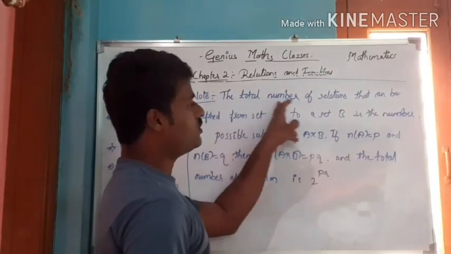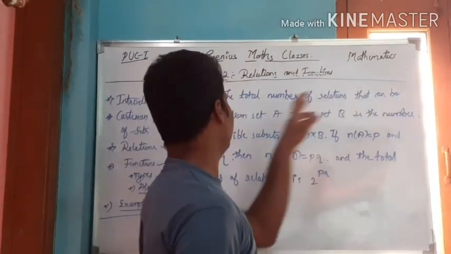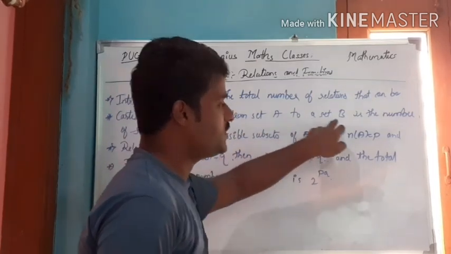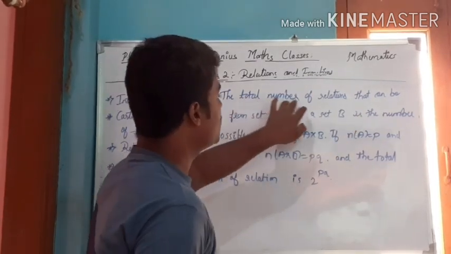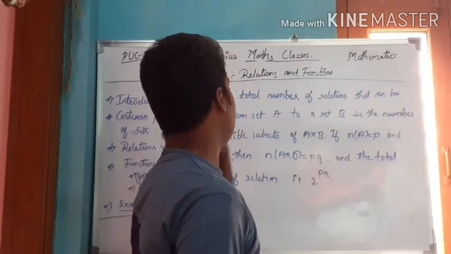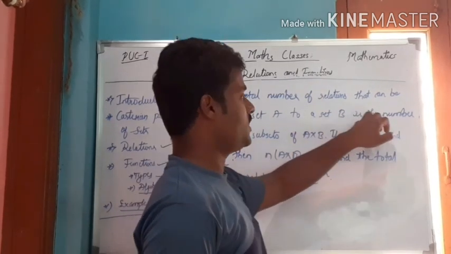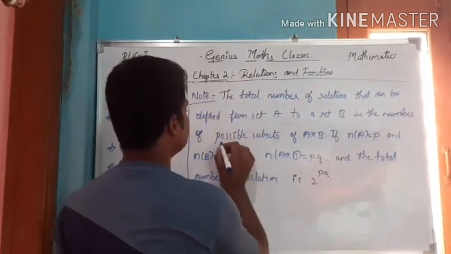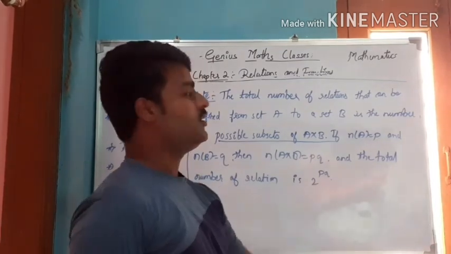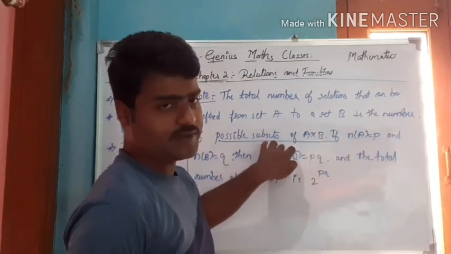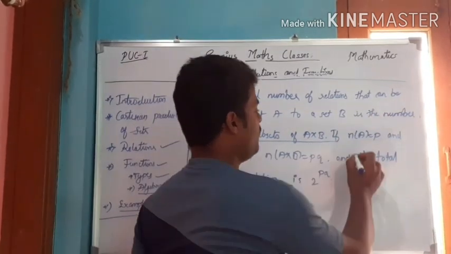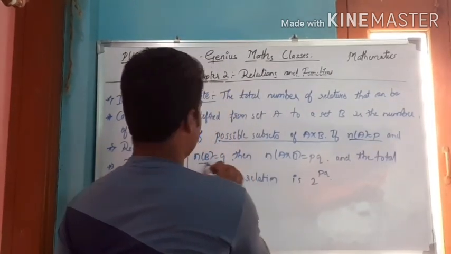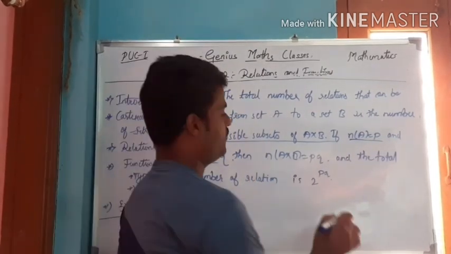Note the total number of relations that can be defined from a set A to a set B is the number of possible subsets of A cross B. That is, if n(A) equals P and n(B) equals Q, then n(A cross B) is PQ.